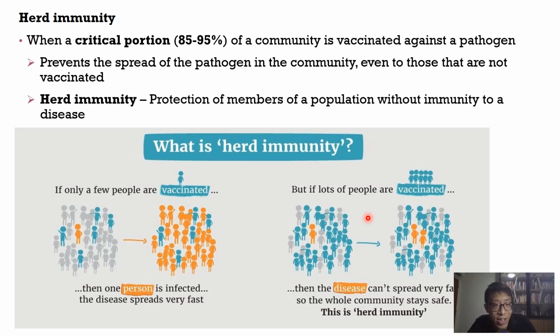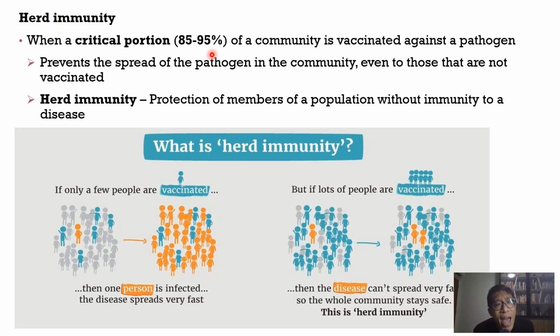Maybe they cannot take the vaccines for some reasons, right? So when enough of the people are vaccinated and immune, then the spread is stopped, right? And that also protects those that are not immune. So this is known as herd immunity. Okay, so the critical portion here, we have given a number, 85 to 95%, but really there's no fixed number.